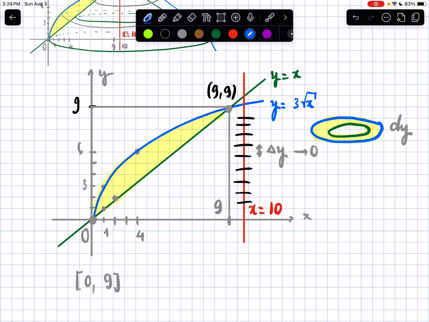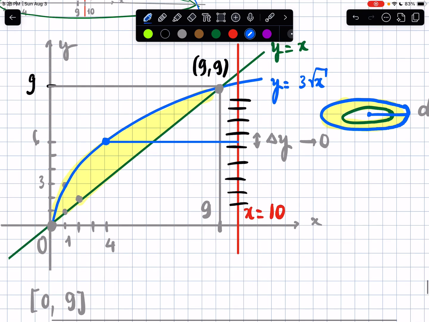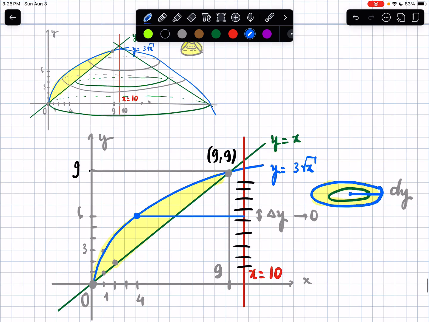So the outer radius is a distance from the outer circle to the axis of revolution, to the line x equal to 10. So this is the outer radius.